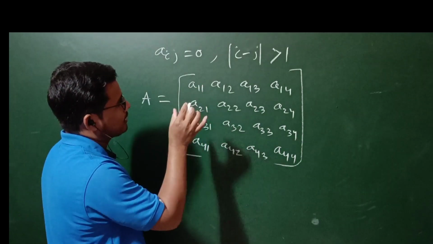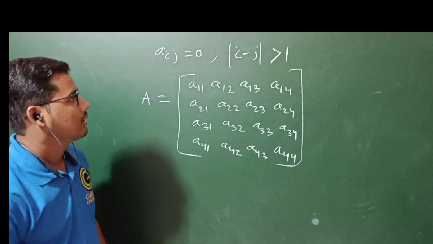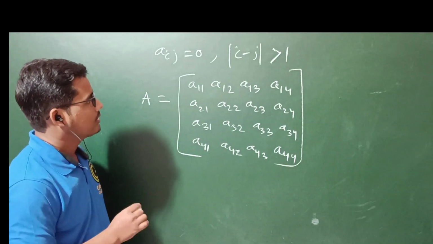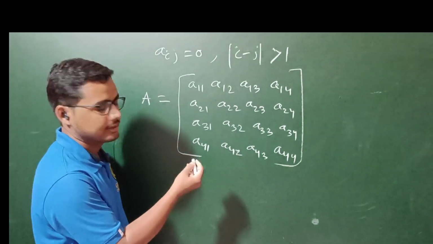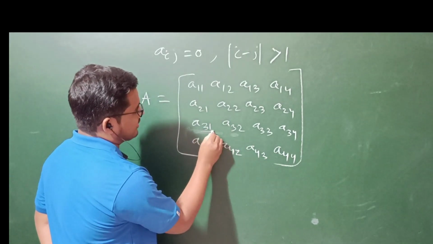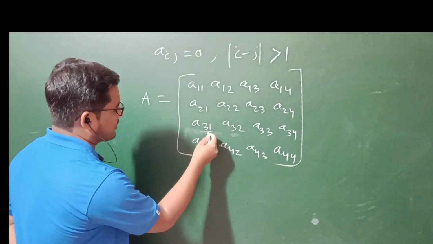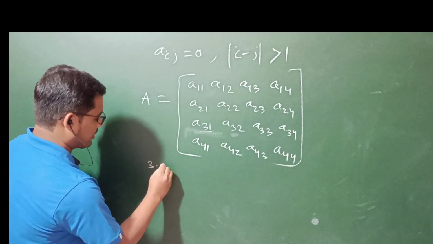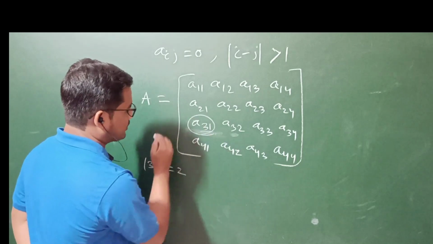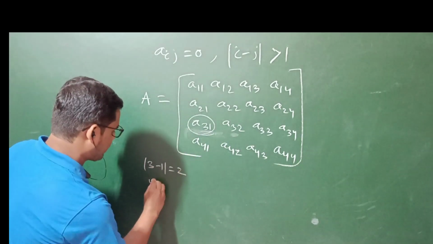See, when the difference between row number and column number is greater than 1, this element will be 0. So this is i and this is j. The difference between i and j, 3 minus 1 is equal to 2. So this element will be 0.